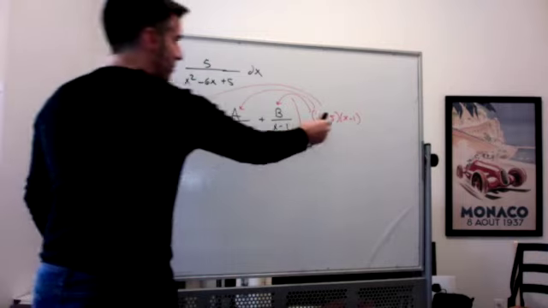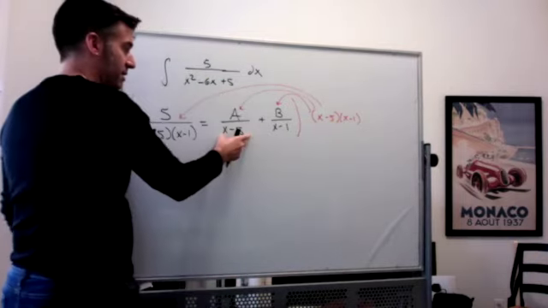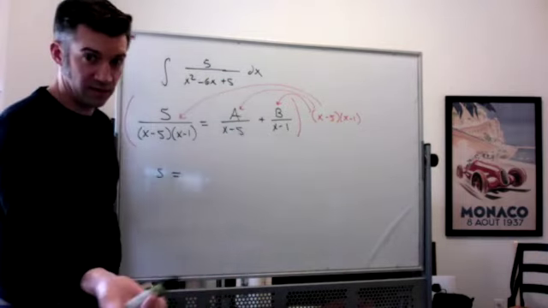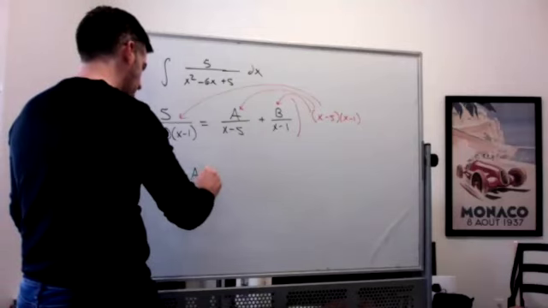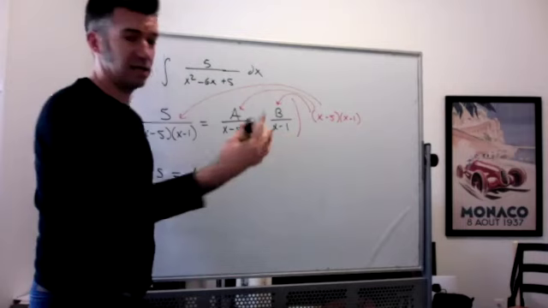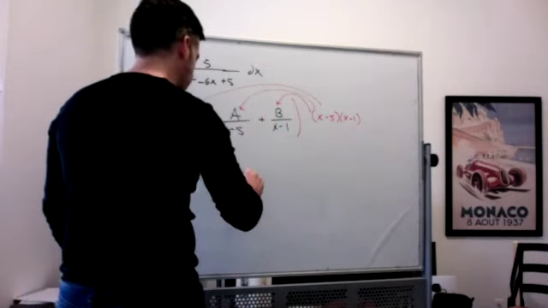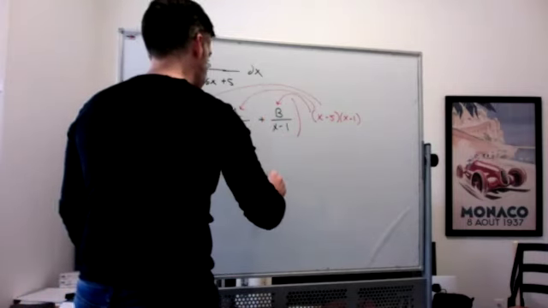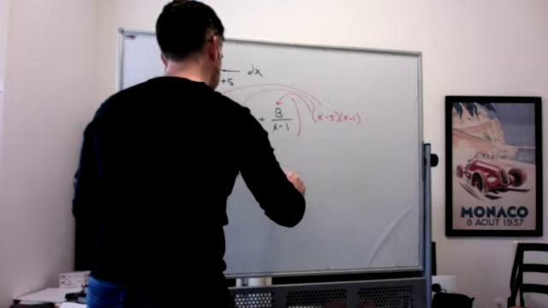And then when you multiply this whole thing times this, the x minus 5s cancel. You get A times x minus 1. When you multiply this times this, the x minus 1s cancel, and you get B times x minus 5.